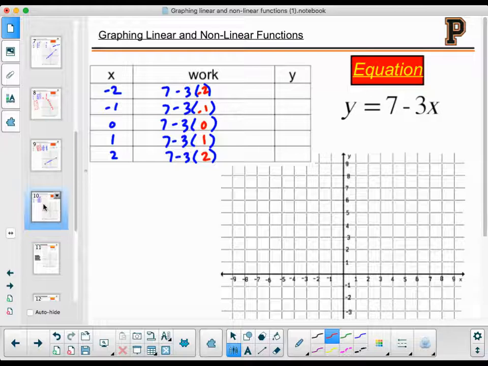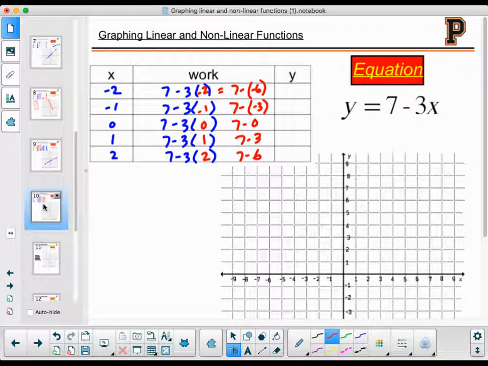Now I just need to do the math. 7 minus 3 times -2 or -6. 7 minus 3 times -1 or -3. You guys got to be really careful with your addition and subtraction here. 7 minus 0, 7 minus 3, and 7 minus 6.